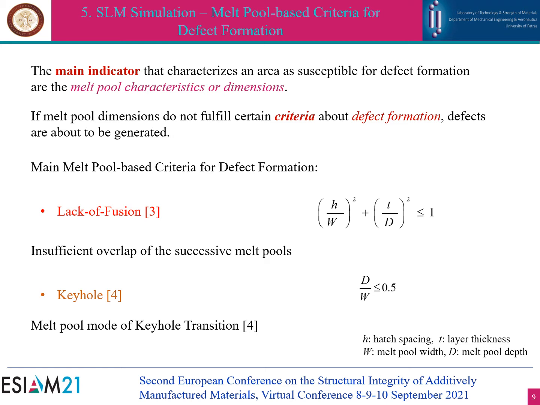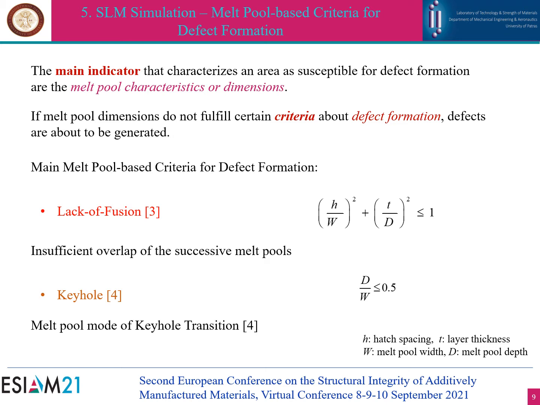If melt pool dimensions do not fulfill certain criteria about defect formation, defects are about to be generated. The main criteria used for melt pool characterization in this work are lack of fusion and keyhole criteria for defect formation.